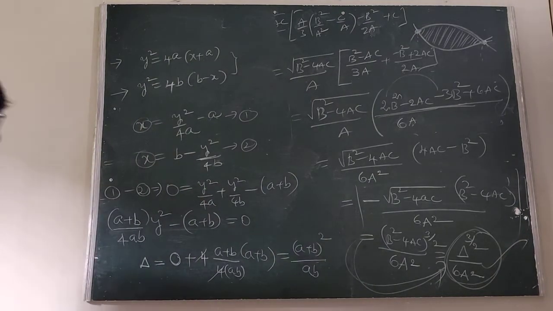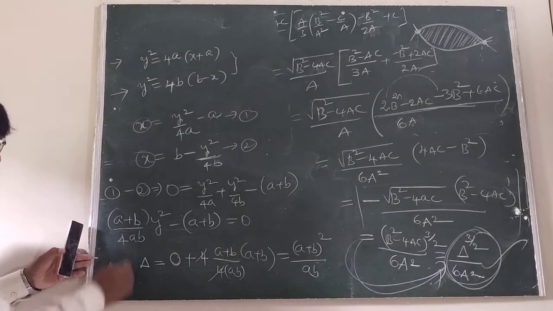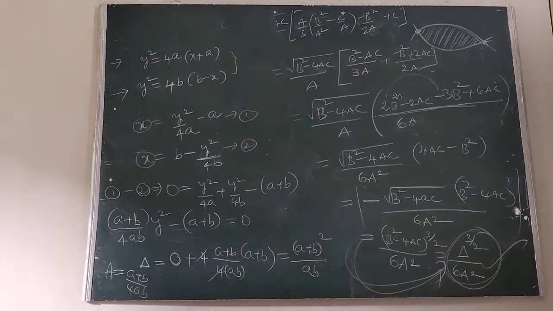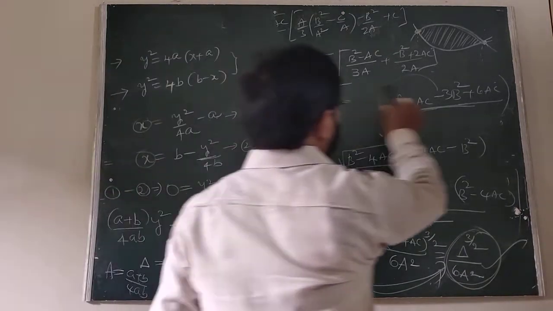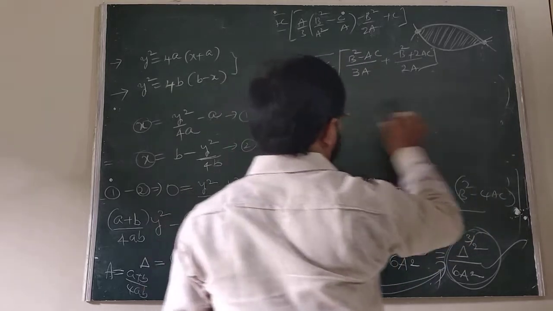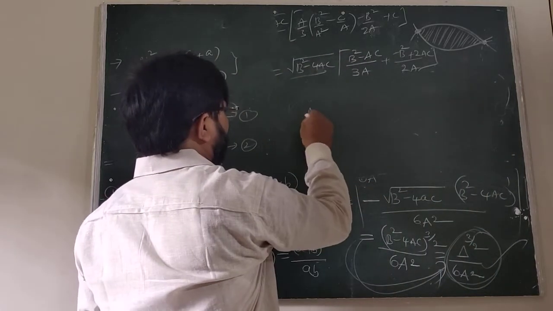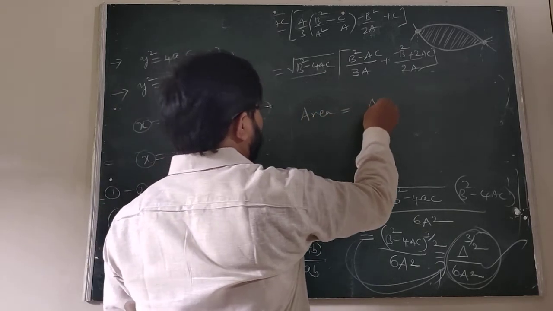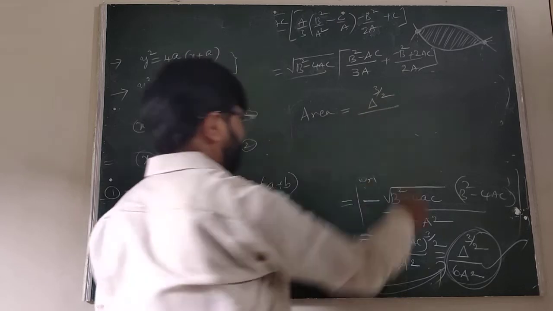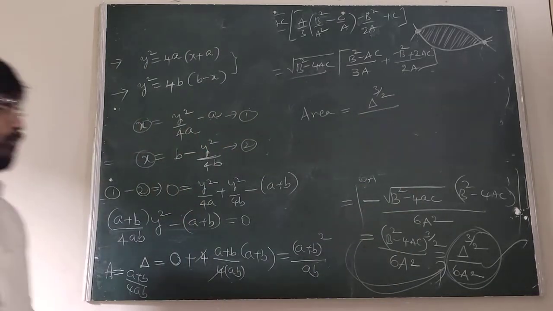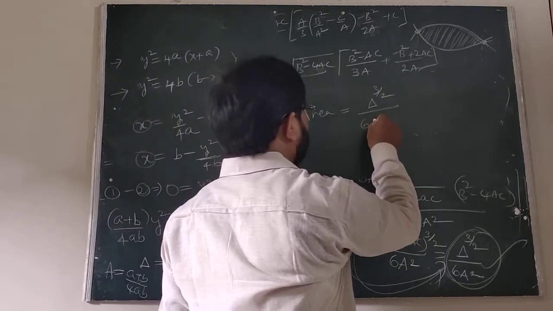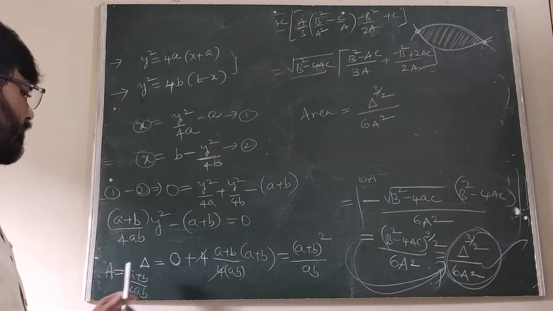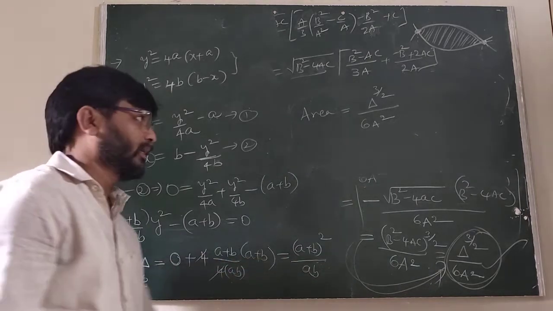Now we are taking the capital A. What is the capital A? A plus b by 4ab. This is the capital A. Now the formula for the required area: just now we proved that the required area is delta power 3 by 2 by 6a square. Now you can write delta, we got a plus b whole square by ab.